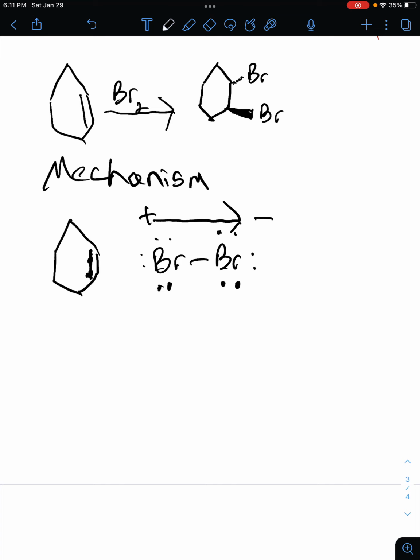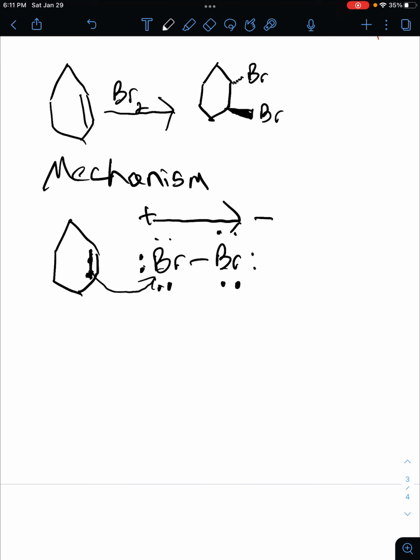Not by much, but just enough for these polarized atoms to repel each other to the point where this bromine is going to be slightly positive. So these electrons on this pi bond are going to reach out and attack the positive nature of the bromine.